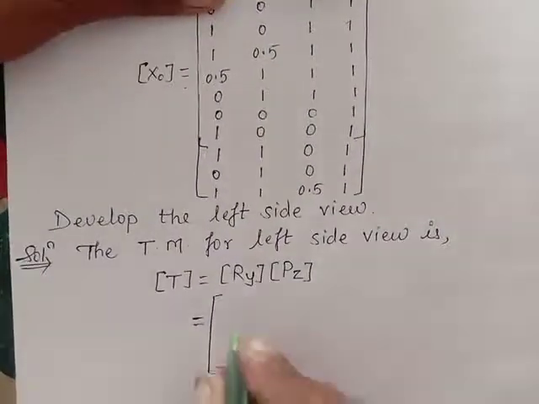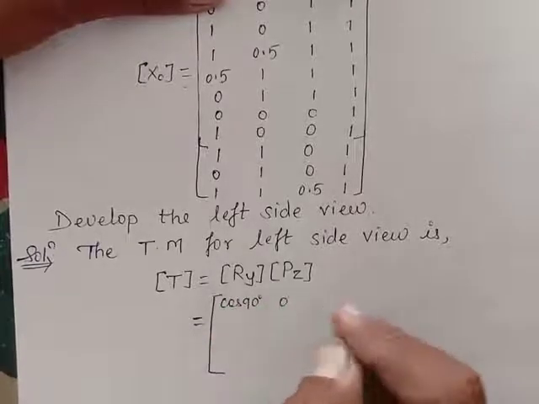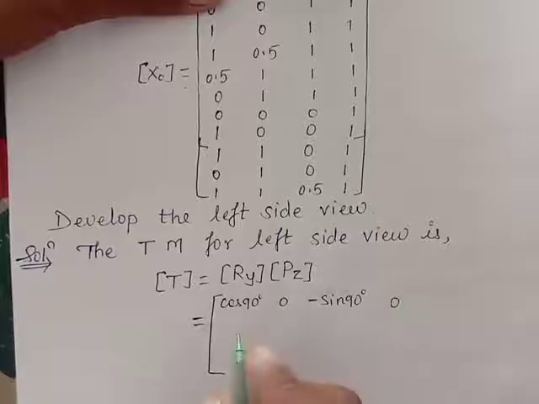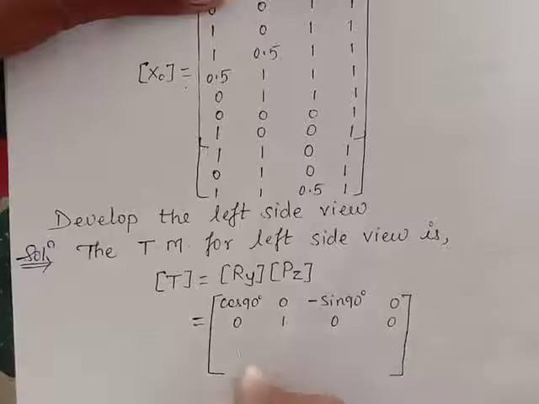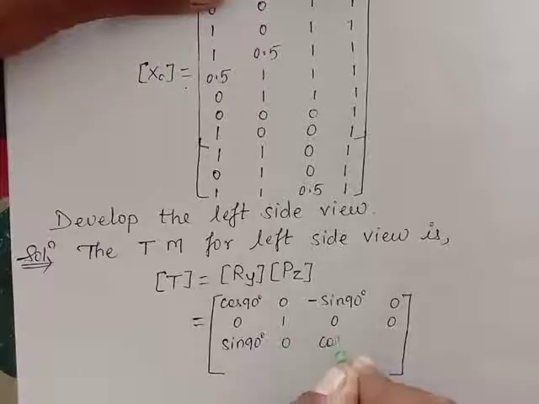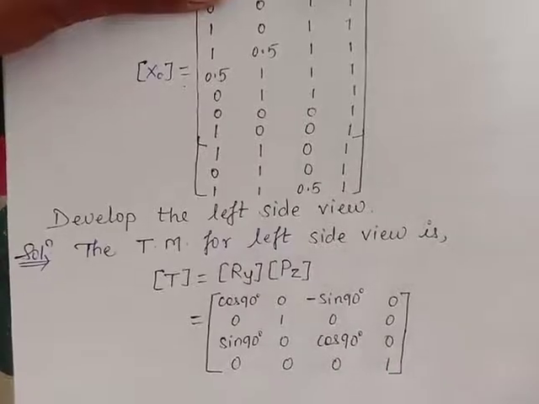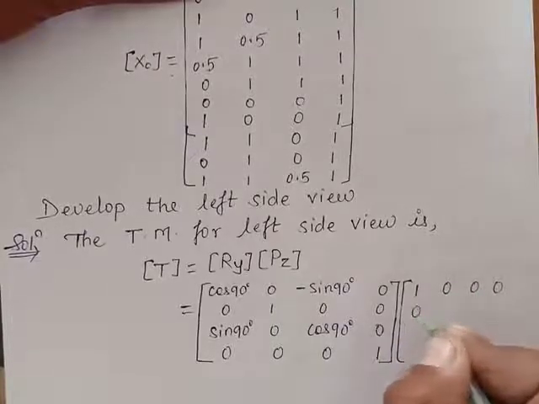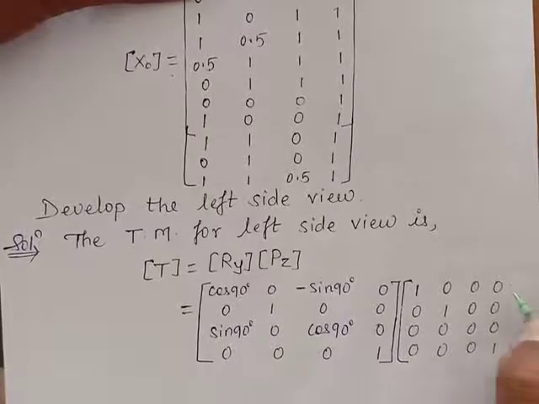The rotation through 90 degree is: cos of 90, 0, minus sine of 90, 0; 0 1 0 0; then sine of 90 degree, 0, cos of 90 degree, 0; 0 0 0 1, into Pz, which is known to us: 1 0 0 0, 0 1 0 0, 0 0 0 0, 0 0 0 1. This is our Pz.